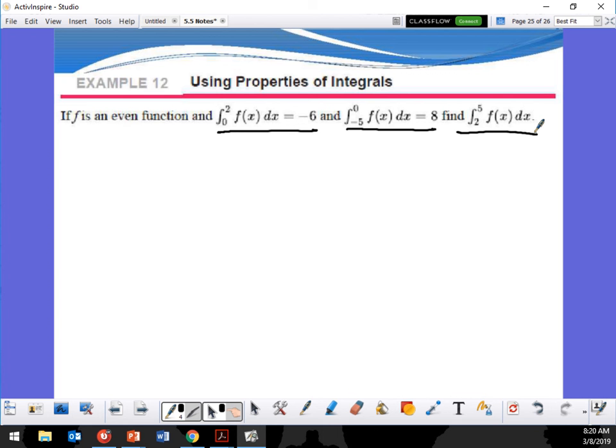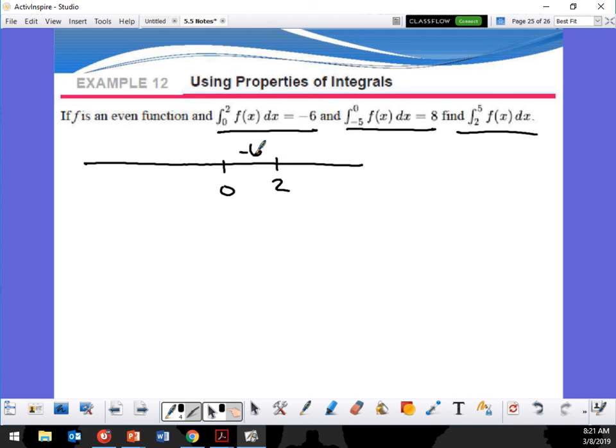If it's symmetrical, that means, let's take a look. Let's say a number line: 0 and here to here. So 0 to 2 is going to be -6, right?